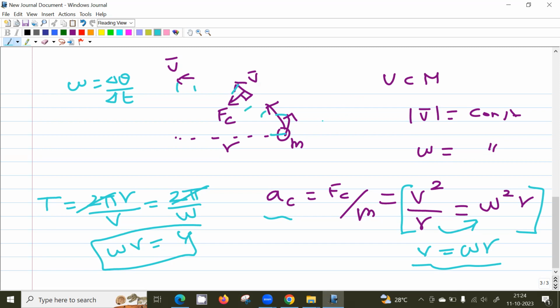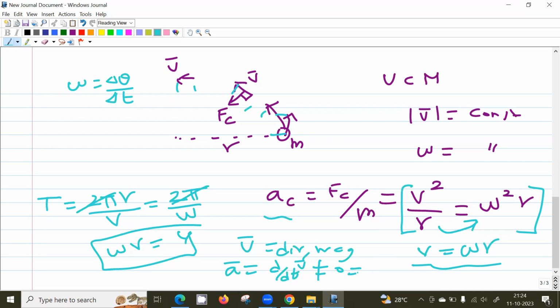Okay, and since v is a vector, that has both direction and magnitude, even if one of them is changing, there is changing velocity, and acceleration is d by dt of the velocity vector. Even though the magnitude is the same, since the direction is changing, this is not equal to 0.